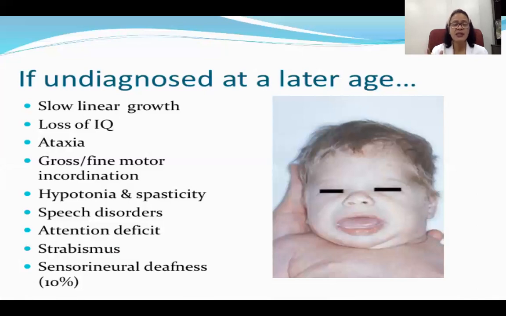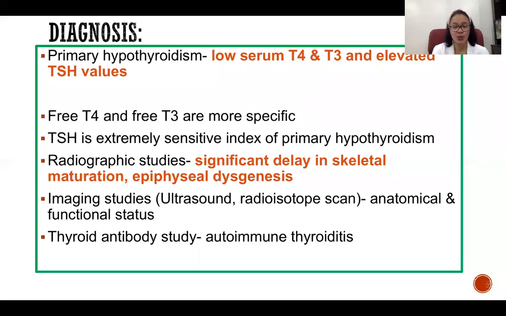So usually there is brain development delay in patients who are undiagnosed. That's why it's really part of the newborn screening program. It's very important now to have your babies be screened during the newborn period.